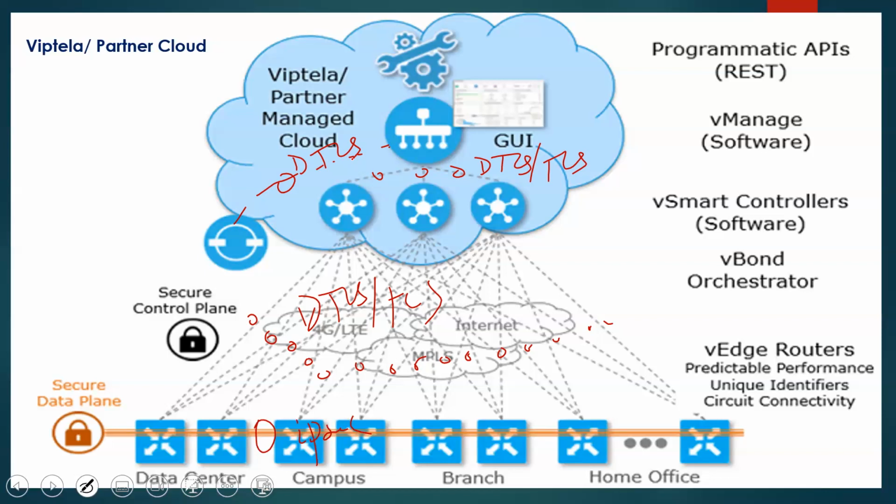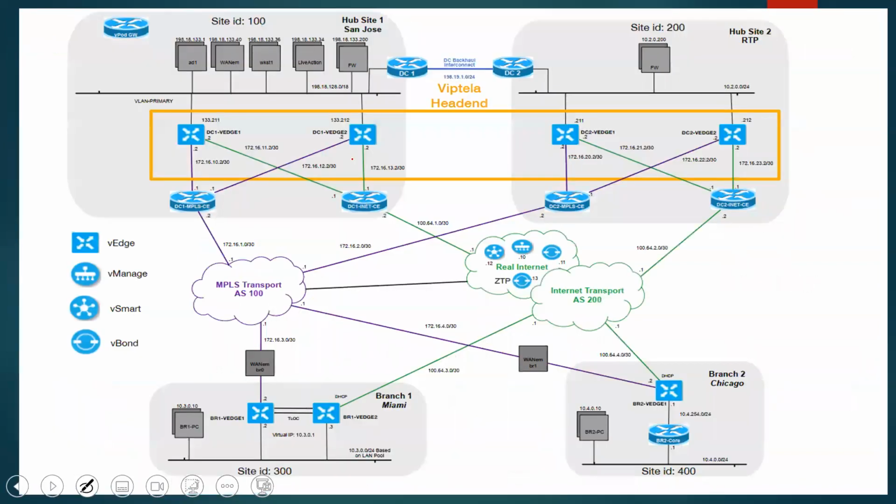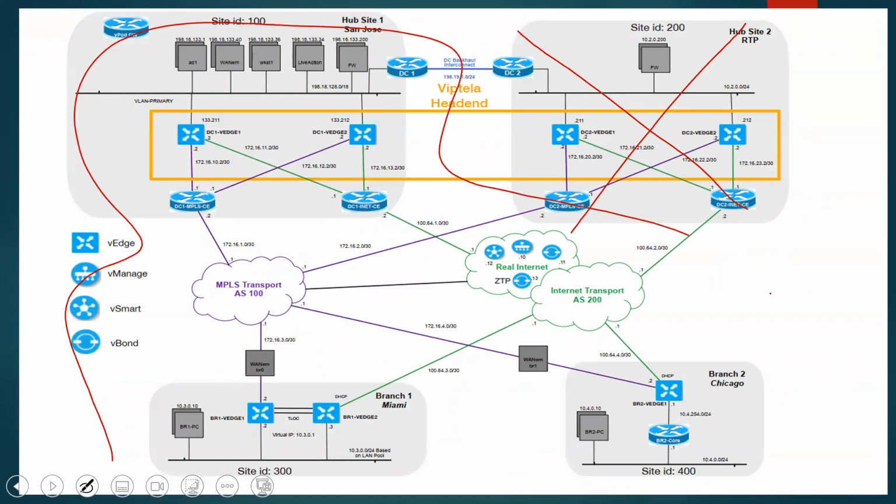All right, so let's check this diagram. Suppose this is our lab diagram. In the lab that I have shared with you, I think only one DC is there. So at the moment, think that we don't have this DC, but later on we have some other labs as well. You can focus on this area, one DC and two branches.